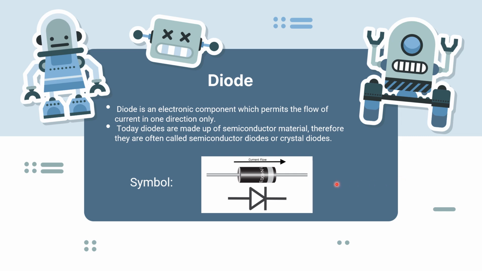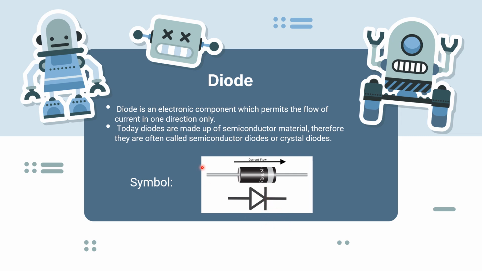So the diode is a component like this. There are two pins on it. One pin is the anode pin and the other one is the cathode pin, or positive pin and negative pin. We show it with a line printed on the body, or in the schematics we show the cathode pin with this line.